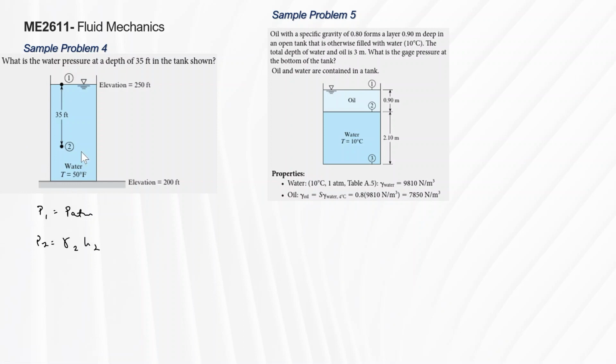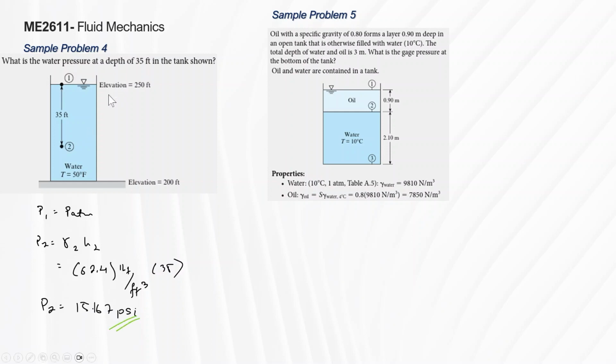P2 here is gamma times h. Since this is in English units, 62.4 pound force per feet cubed times 35. It just so happens I know the specific weight of water. So that's about 15.167 psi.